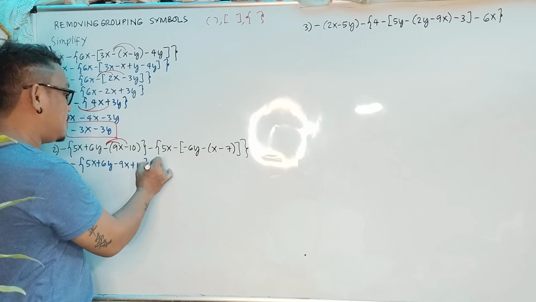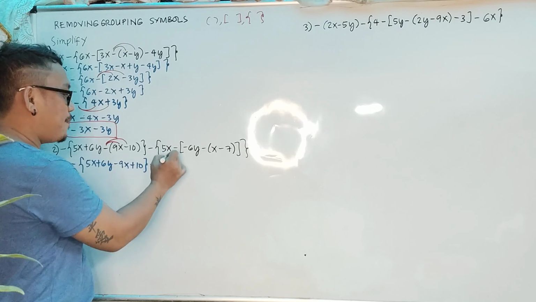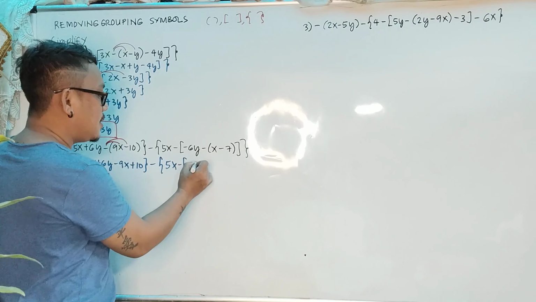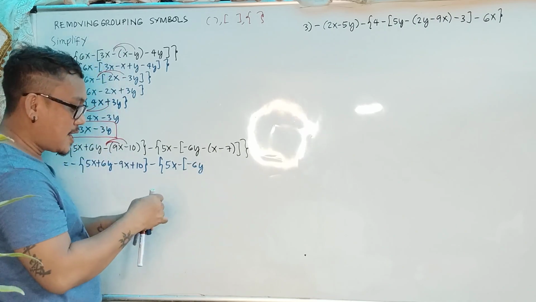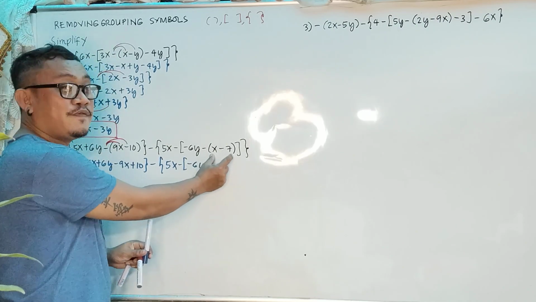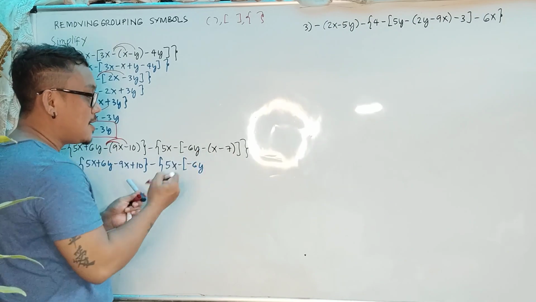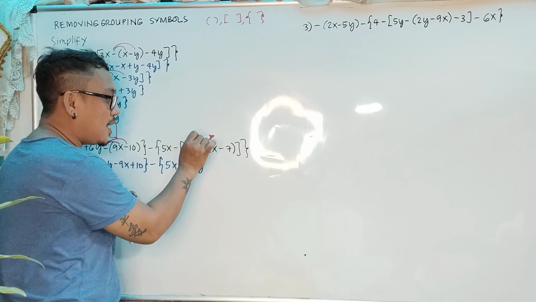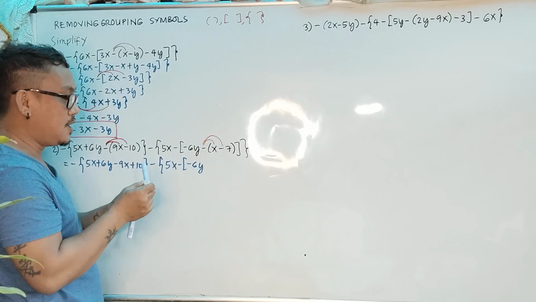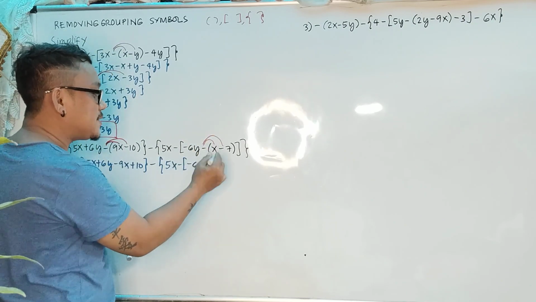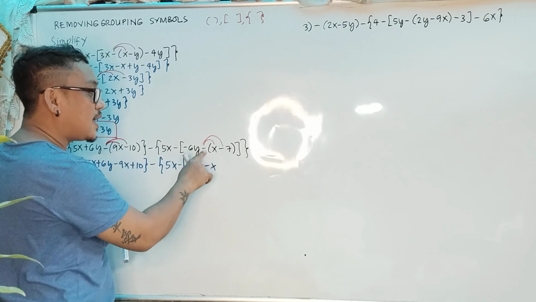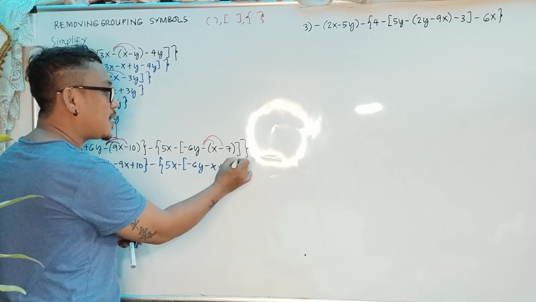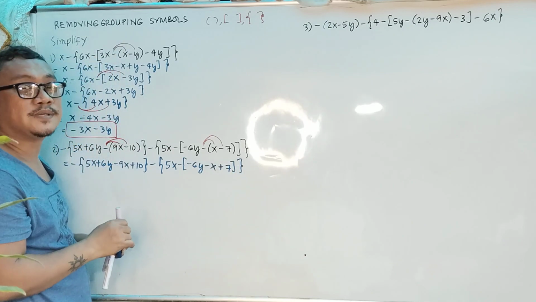Minus, copy 5x, minus, copy the bracket, minus 6y. Then again remove the parentheses by simply distributing the negative symbol: negative times x, negative times negative. So negative x, and negative times negative, so positive 7. Close bracket, close the brace.